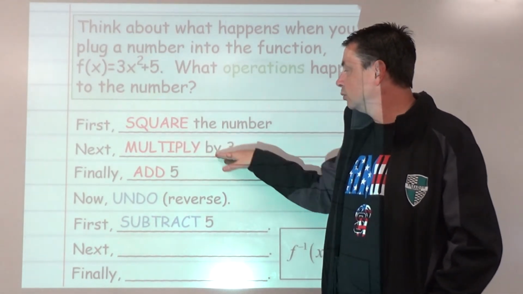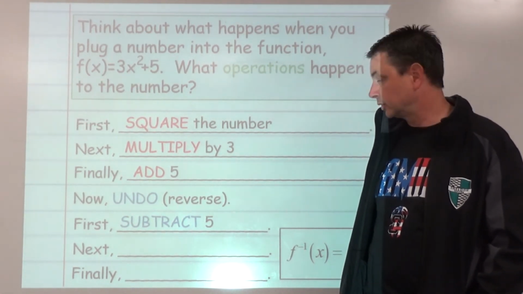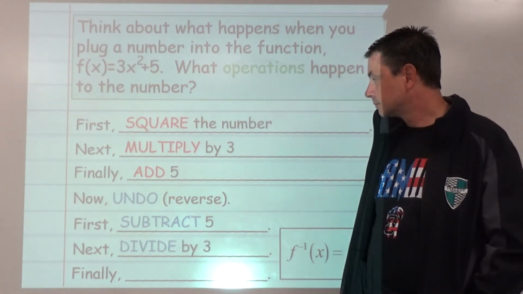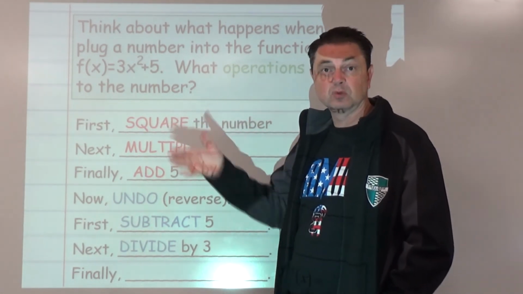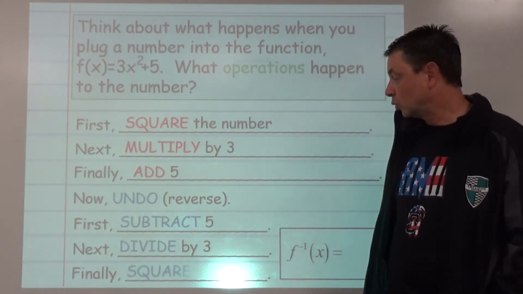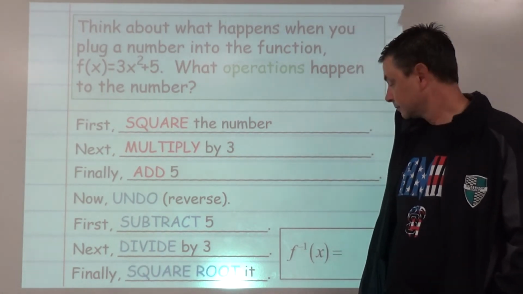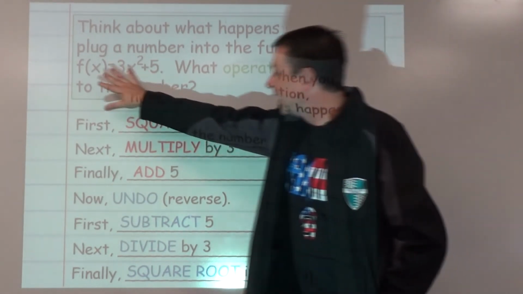How do we undo multiplying by 3? We divide by 3. How do we undo squaring? This takes us back to Unit 4. We square root it.